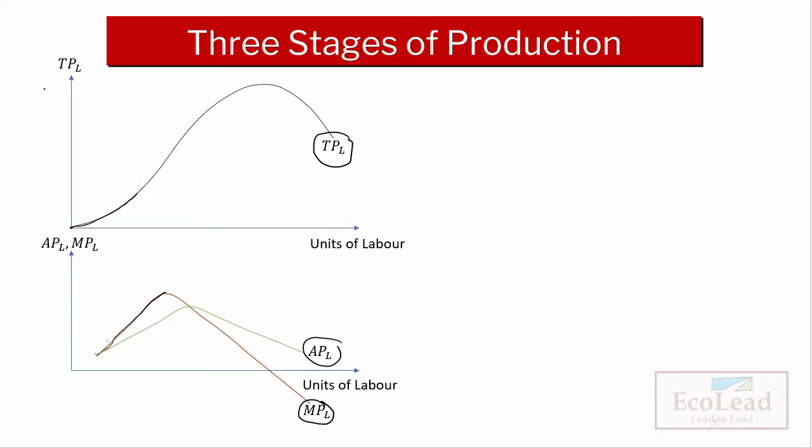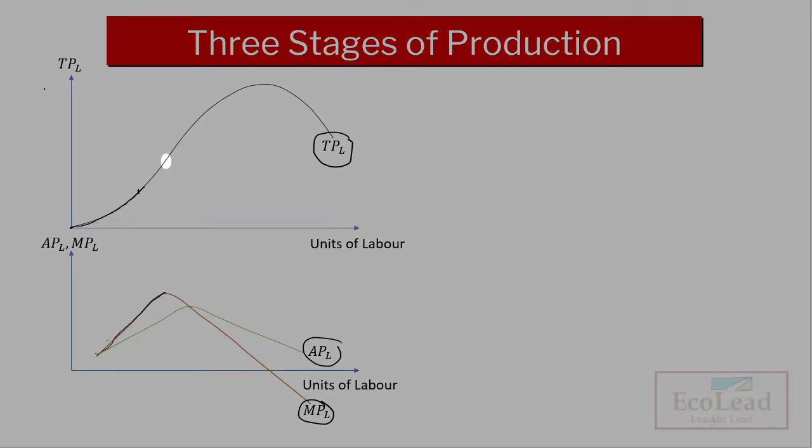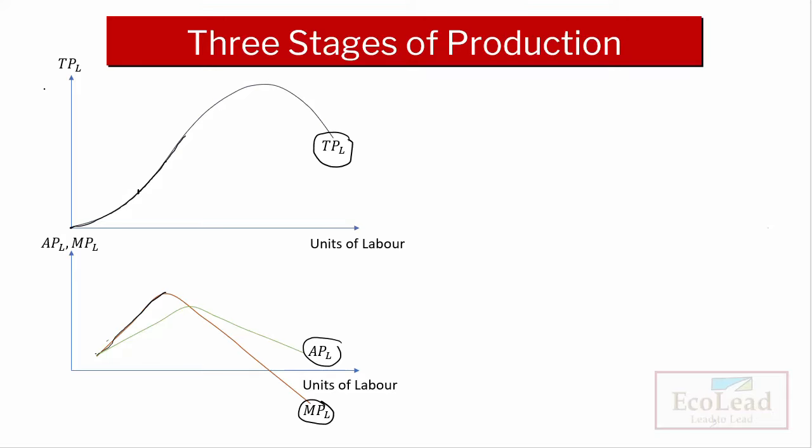After that, the total product curve's curvature changes. From here the total product curve increases but at a decreasing rate, and we can see that the marginal product has also gone down.